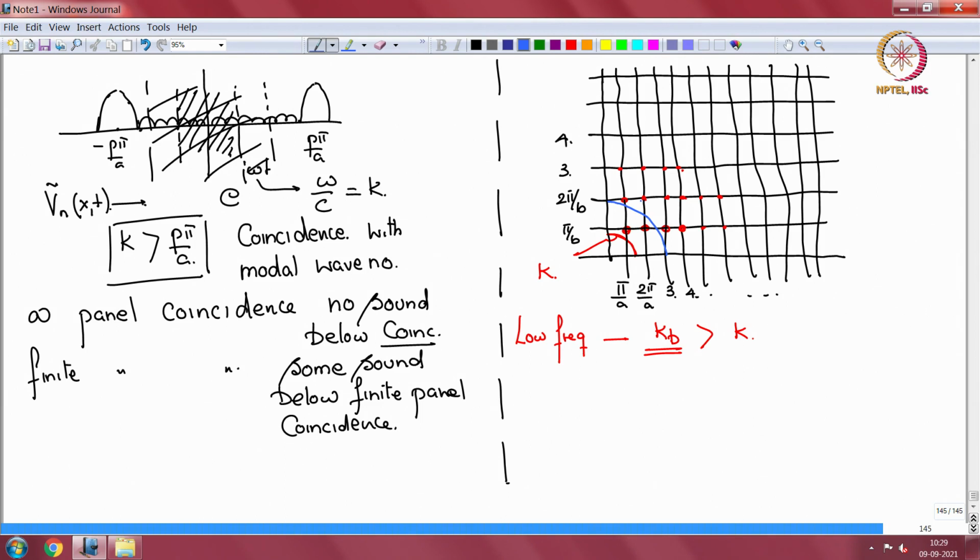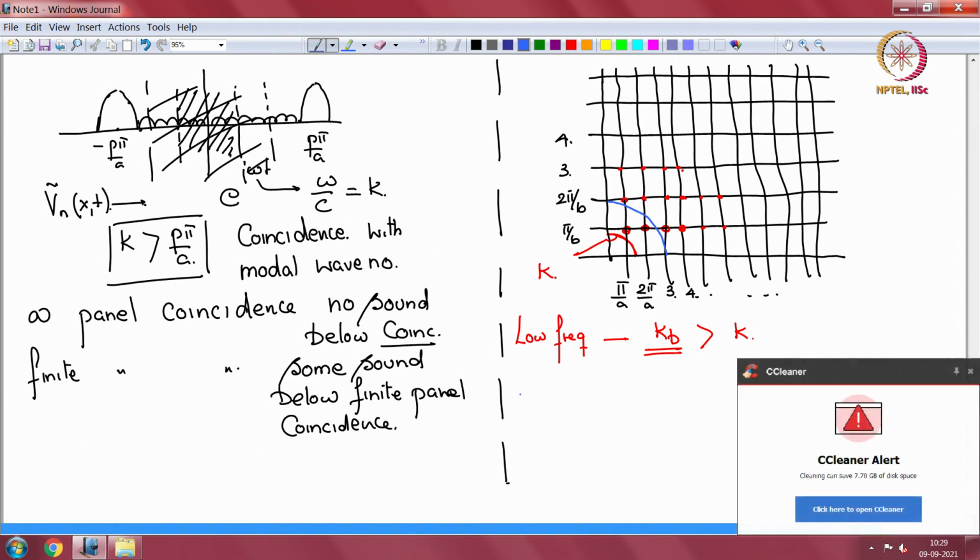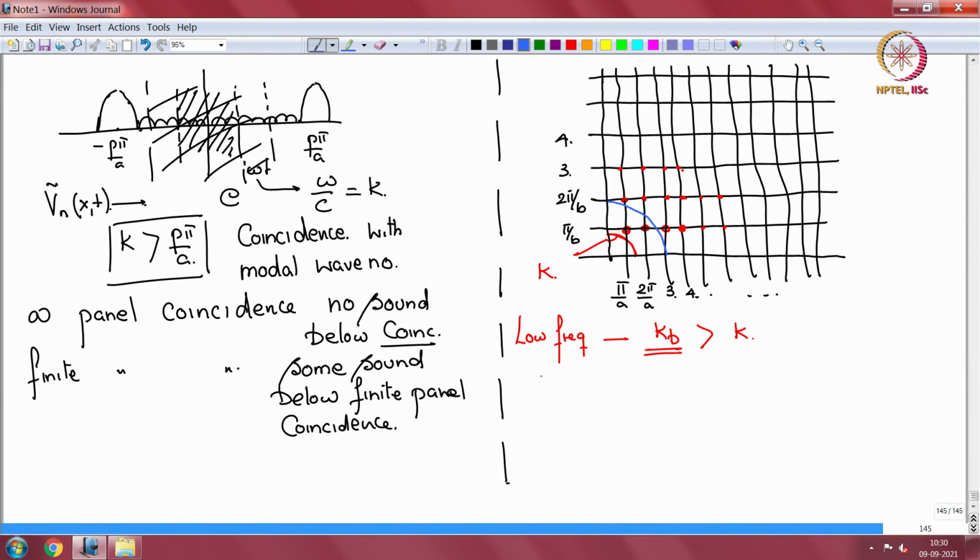Now we also know that kx square plus kz square is equal to kb square. In an infinite panel, if there is an excitation at a single frequency, you will get kb, and that relates to kx square and kz square, which are in some way unknown.